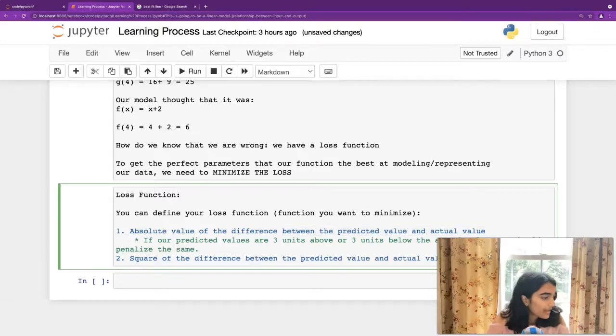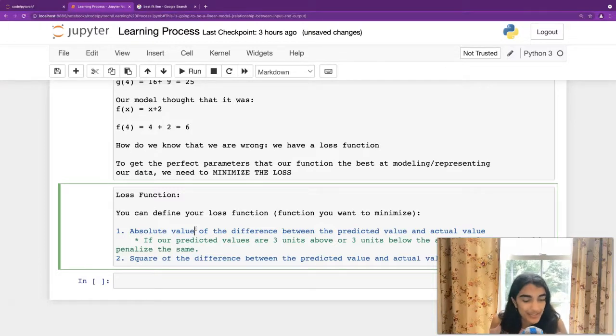Okay? And both losses have a minimum of 0, right? When you take the absolute value, the minimum value it can be is 0. If you take the absolute value of x minus y, where x is your predicted value and y is your actual value, or the other way around, the smallest it can be is 0. You want that difference to be 0, right?